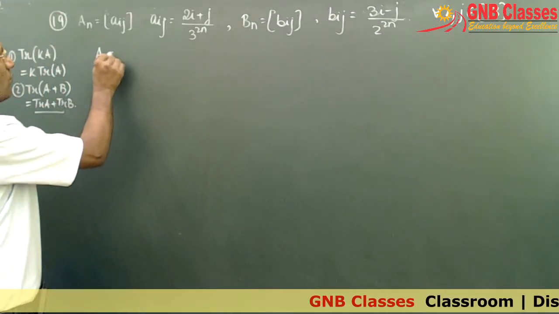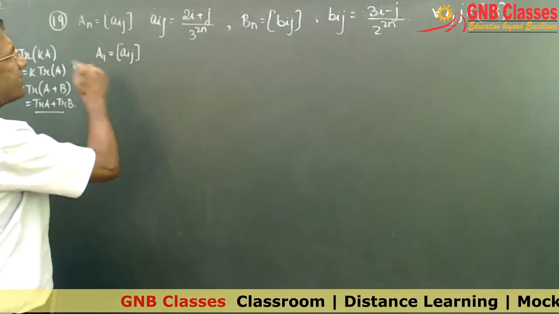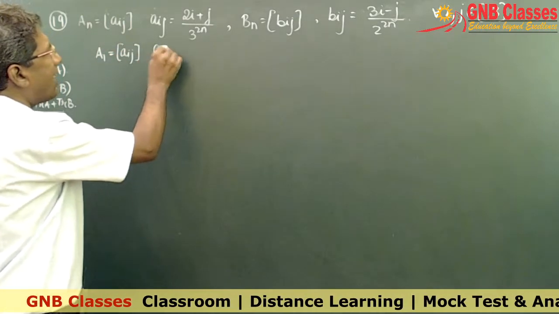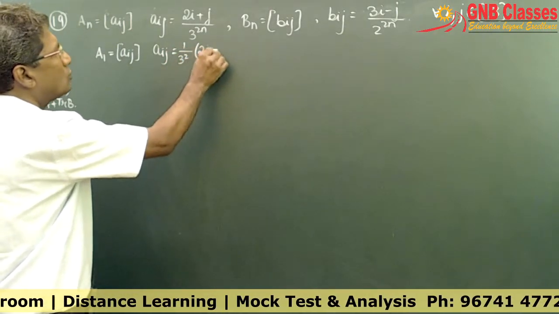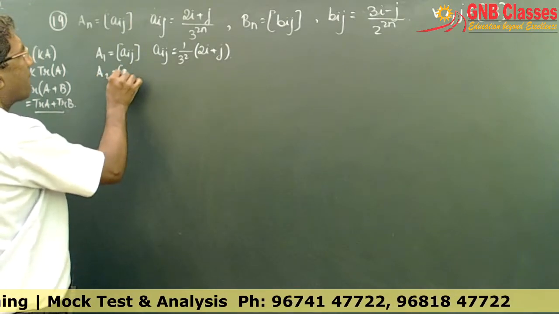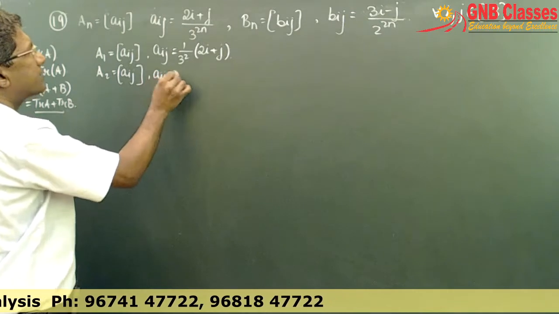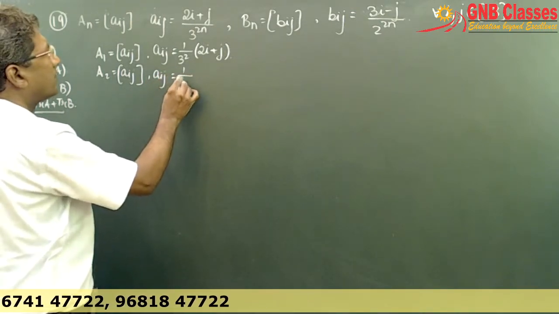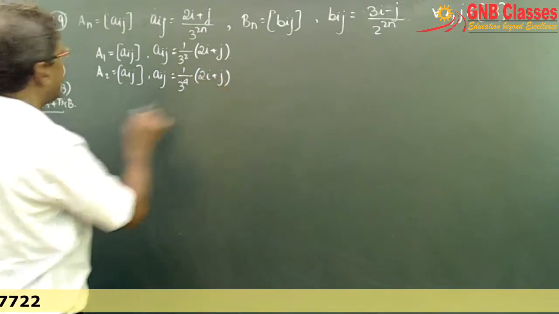Now, what is my A1? A1 will be the matrix of elements A_ij, where A_ij will be 1 by 3 squared times (2i plus j). A2 will be where A_ij is 1 by 3 to the power 4 times (2i plus j).